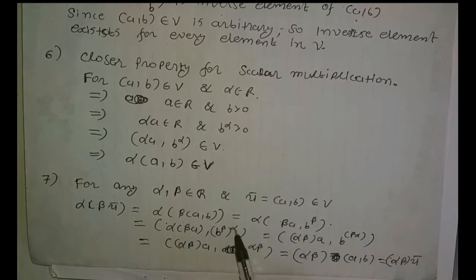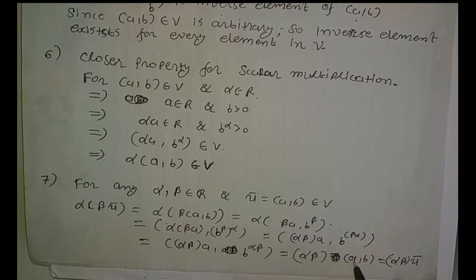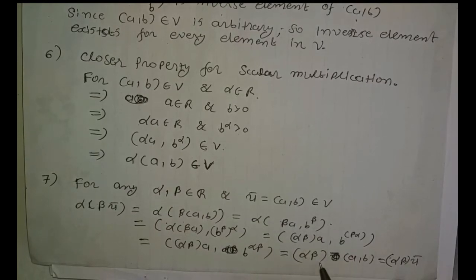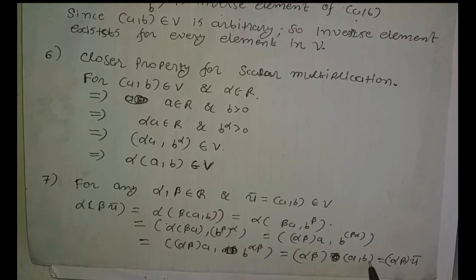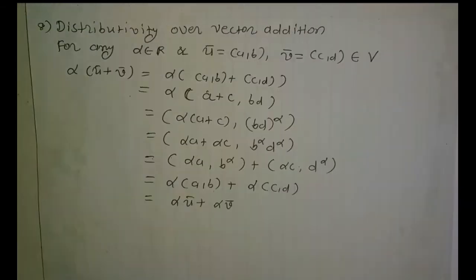So here it is the multiplication of these two powers. So we can write it as (alpha beta a, b raised to alpha beta), which is equal to alpha beta of vector (a, b), the scalar multiplication of alpha beta with vector (a, b). It is equal to alpha beta of u bar.